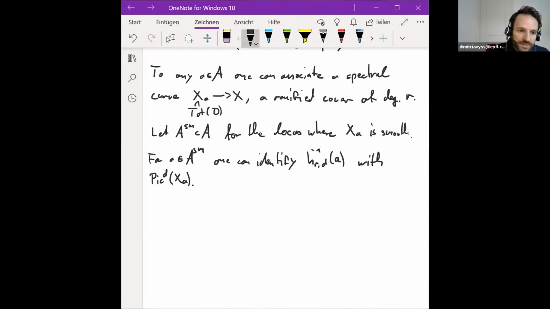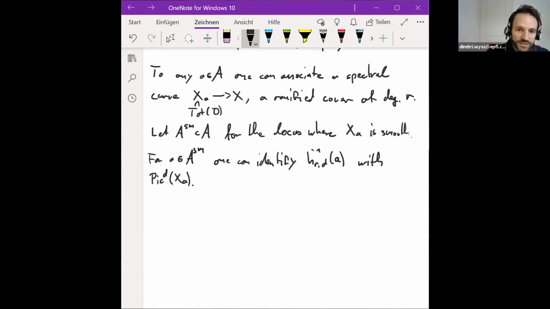And the identification is basically, for a line bundle, you just push it forward along this degree R map, and then the push forward will be a vector bundle of rank R, and you have a canonical section coming from the fact that the total space of D has a coordinate function. And so you get this correspondence.